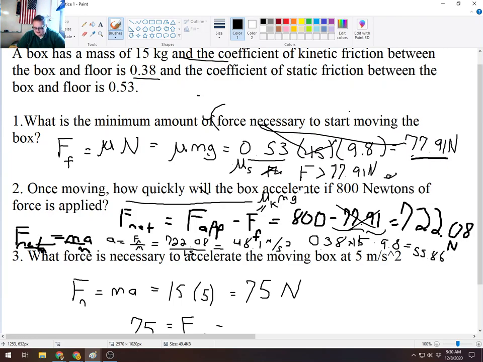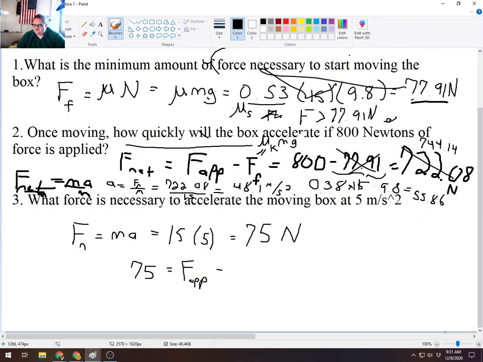So then whenever I calculate, I should have done 800 minus 55.86. So this number should actually be 744.14. Which means my net force here, this number would have changed. So this is kind of a mess, sorry.